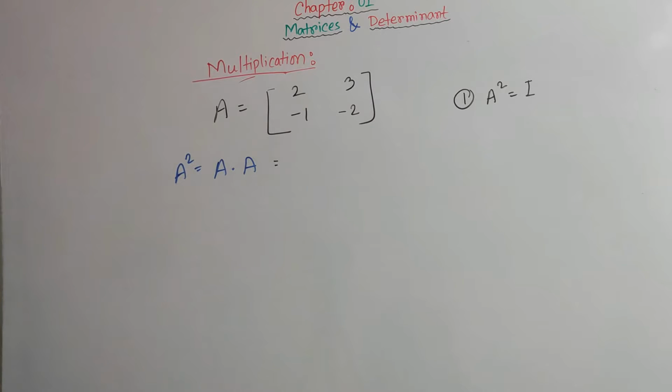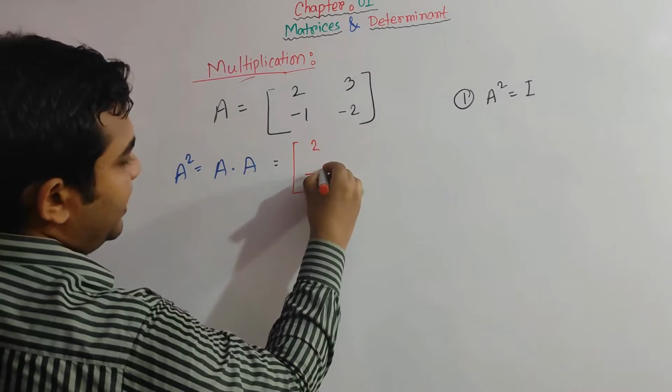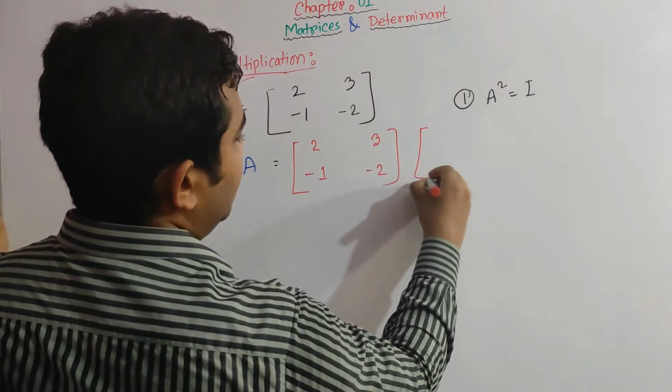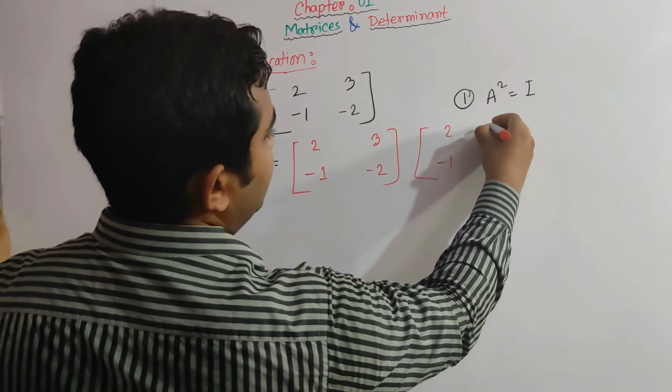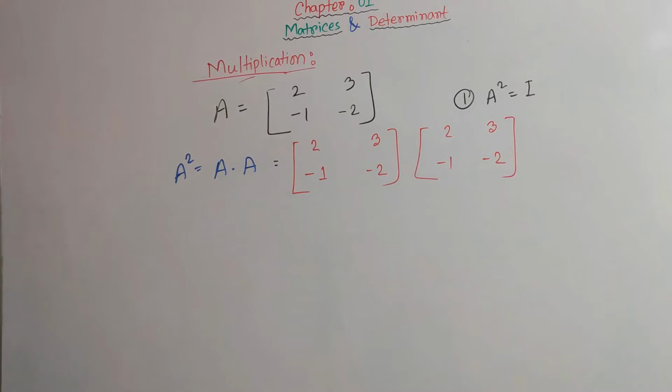What do we have to multiply? Here is 2 minus 1, 2 minus 1, 3 minus 2, again 2 minus 1, 3 minus 2. Okay, this is actually two matrices.